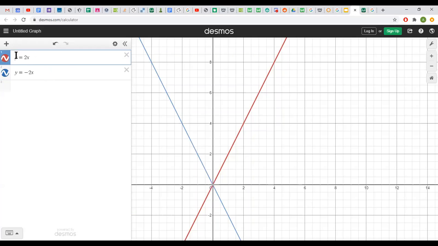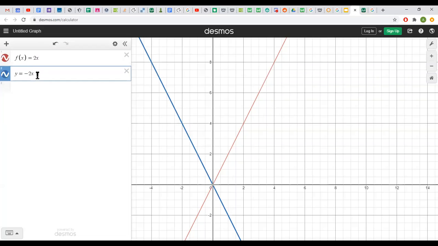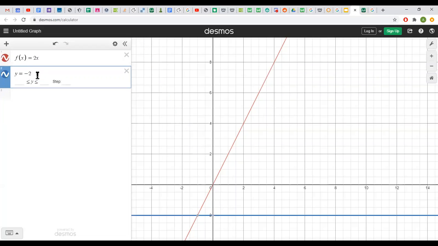An easier way to think about this is, let's say we have f of x equals 2x, and let's say we have y equals negative f of x.